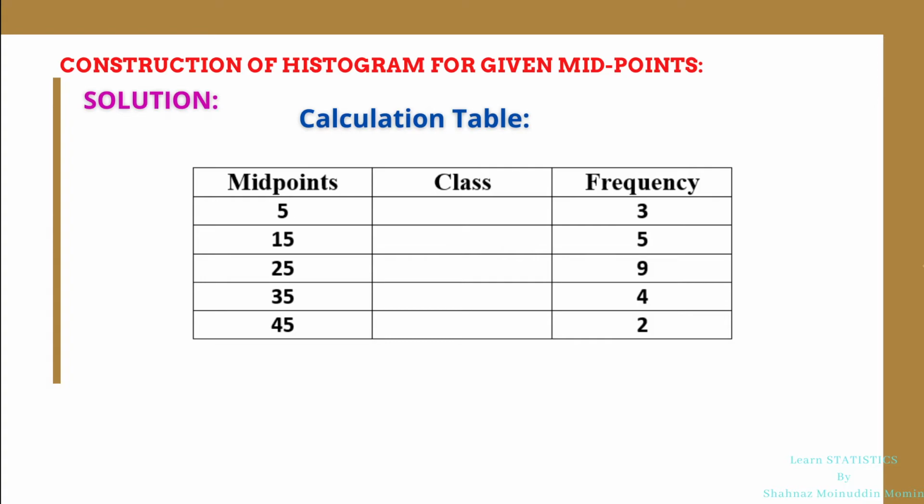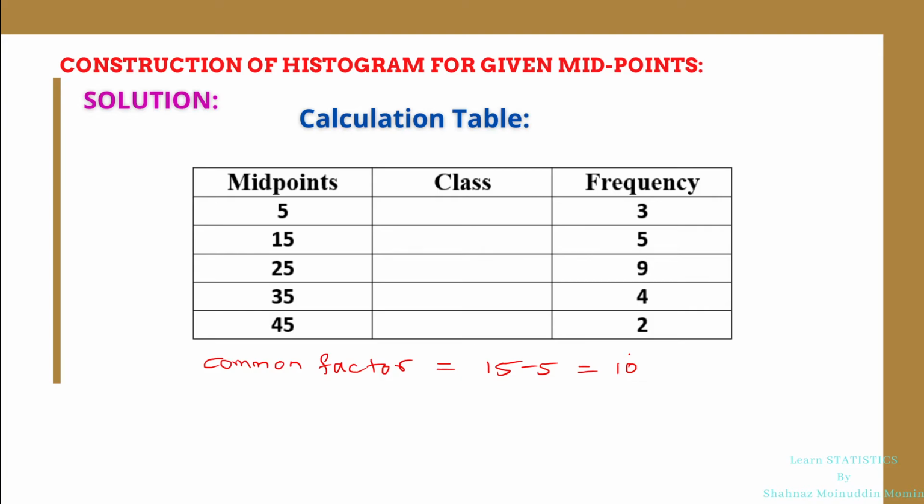Here we know that the common factor, which we have already calculated, is equal to 15 minus 5, which is 10. Now the procedure is to subtract this common factor divided by 2 from the midpoint to get the lower limit.